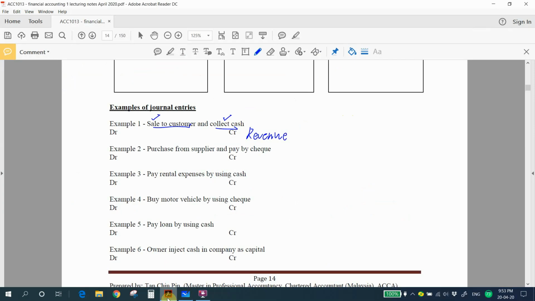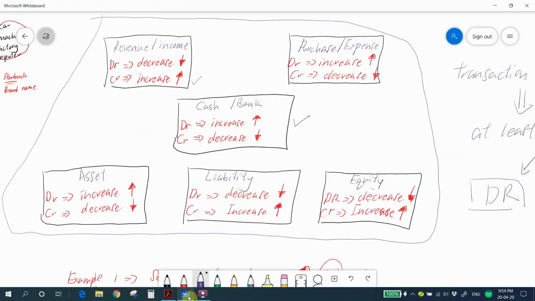So here we write cash. So this is a complete journal entry. We have one debit, one credit. And if your answer matches the diagram here, it means that your answer is correct.